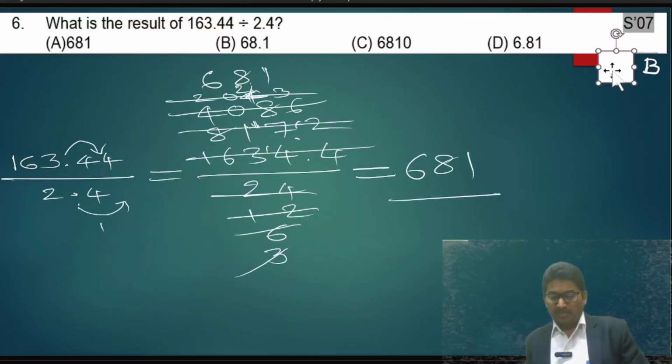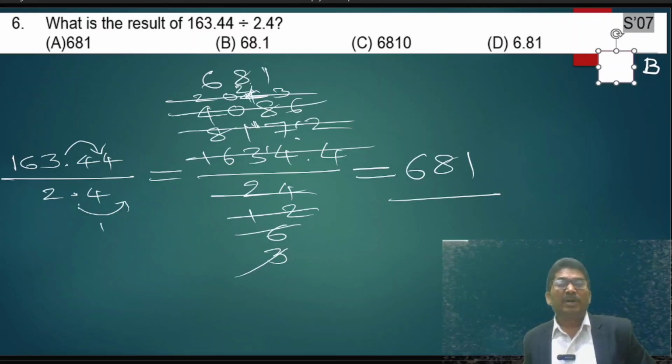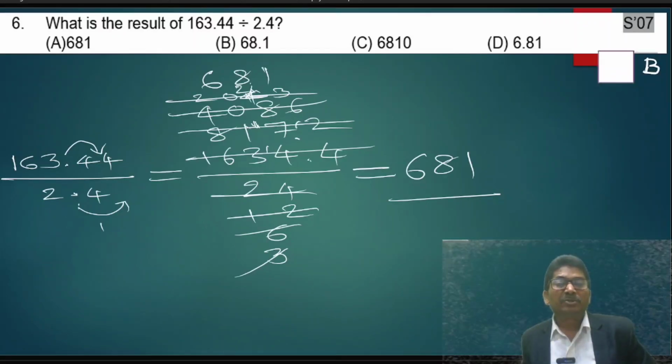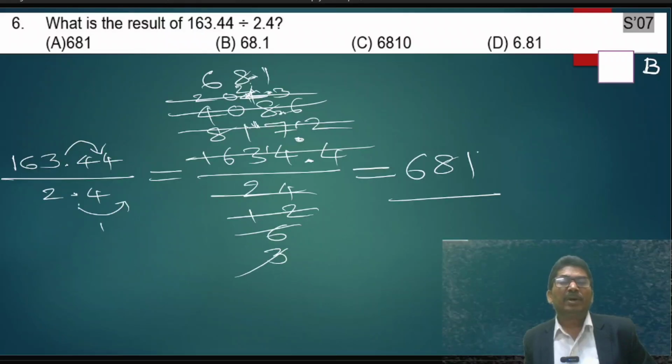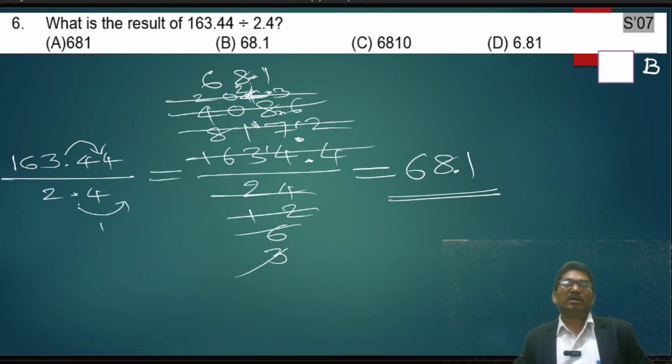Sorry, we missed the decimal point here, that's why B is the correct option. 68.1 is the correct answer. So B is the correct option.